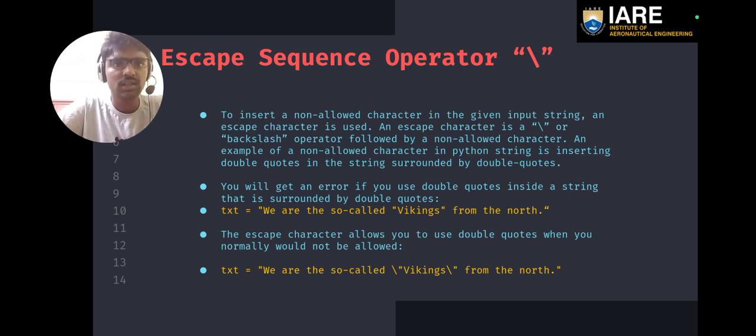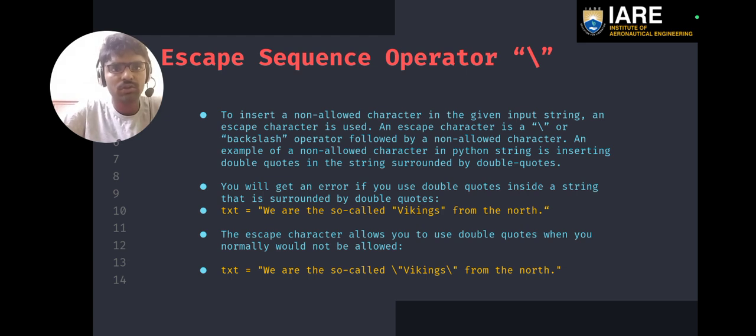So let us see txt equal to double quotes, we are the so-called Vikings, with the Vikings in double quotes again, from the north, which gives us an error. The escape character allows you to use double quotes when you normally would not be allowed to.